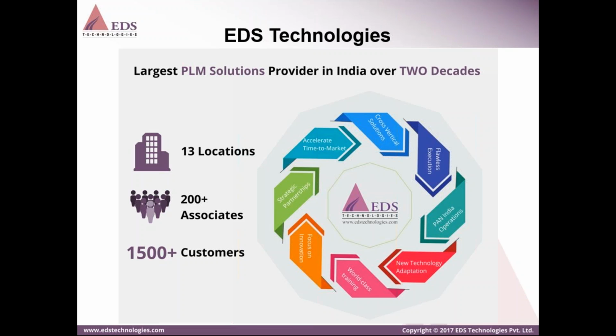We have pan India presence across 13 locations, more than 200 associates, and the strongest part for EDS Technologies is we have more than 1500 customers, right from OEM to tier 1, tier 2 suppliers, as well as a few small scale industries.